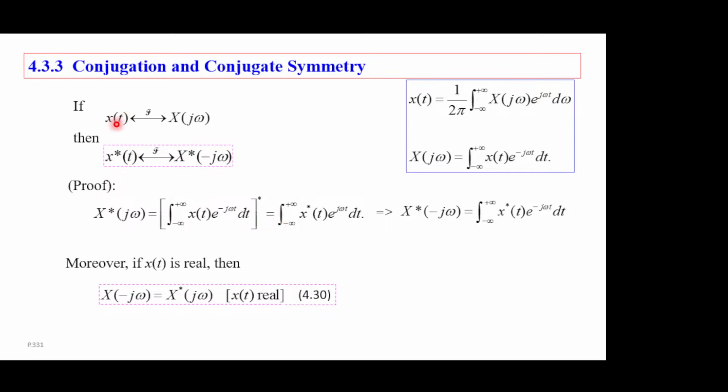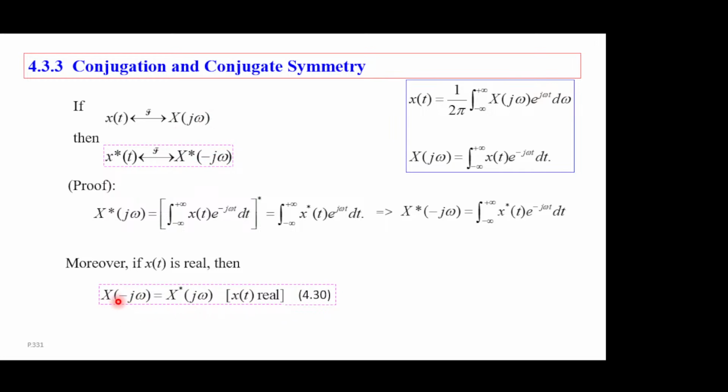For Fourier series, we have that if x(t) becomes x star of t, then your a_k becomes a star of minus k, right? So you have this star and the minus. So you have the minus k here, you have minus omega. Just like before, you can easily derive from here that if x of t is real, then your X of j omega should equal X star of minus j omega.